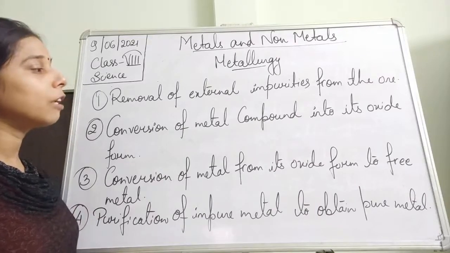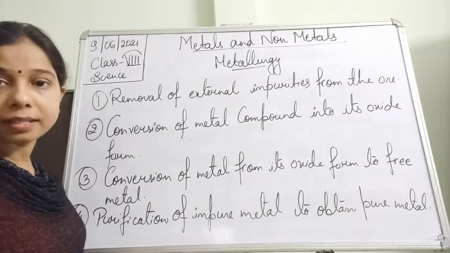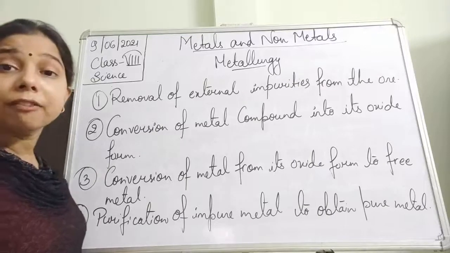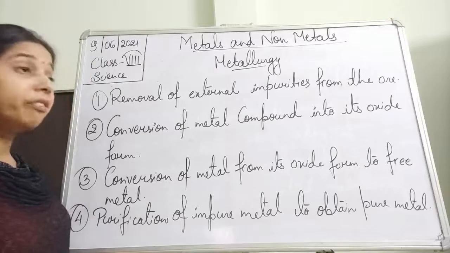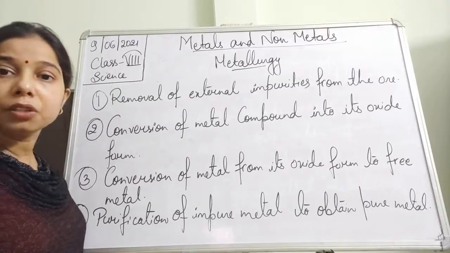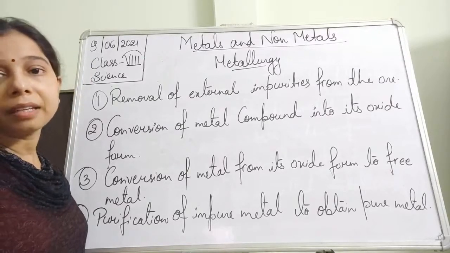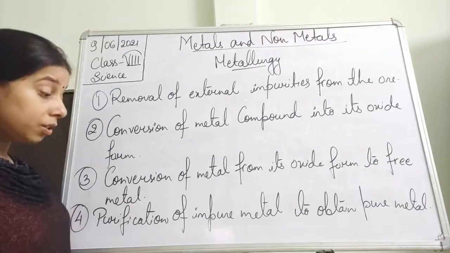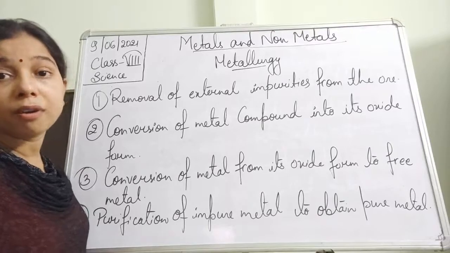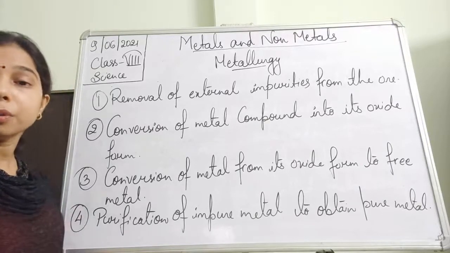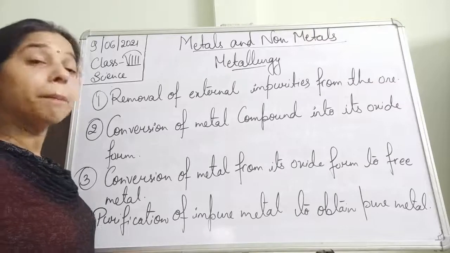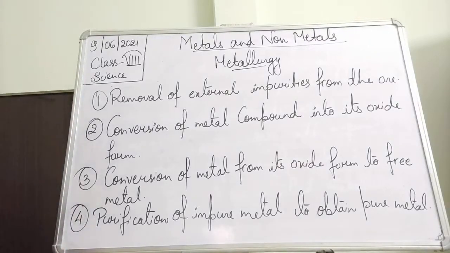The third is the conversion of the metal oxide into free metal. Now this free metal also contains impurities, so we remove them to make it a pure metal. So these are the steps involved in metallurgy.